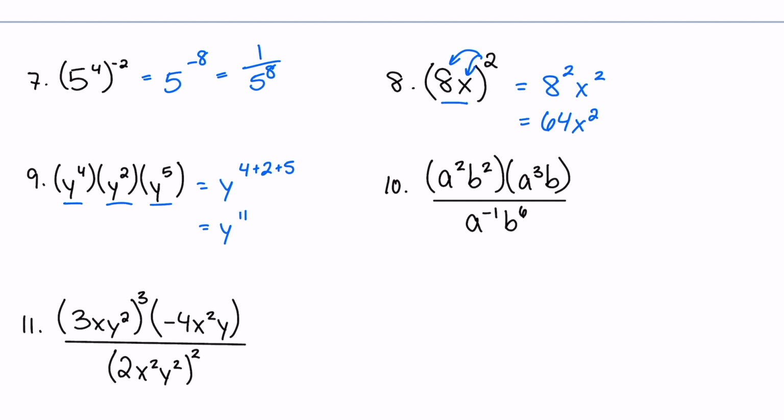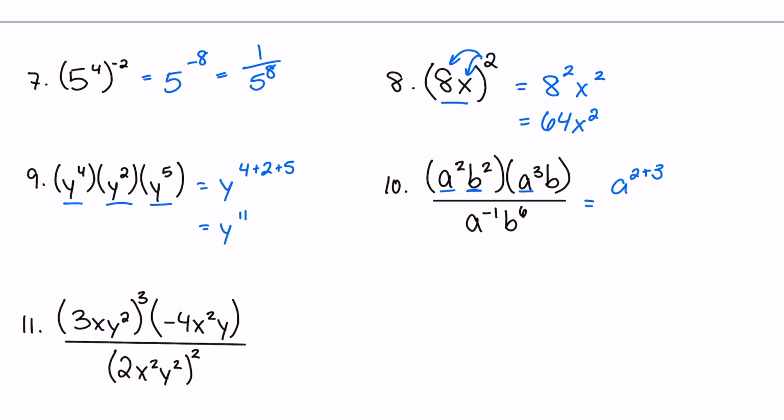For question 10, we have this confusing mess, but don't be scared, we're going to take it step by step. So the first thing you can do is multiply the terms in the numerator. Remember, if they have the same base, you can add exponents when multiplying. So since these two both have the same base, we can add their exponents. So that's going to be equal to a to the 2 plus 3.